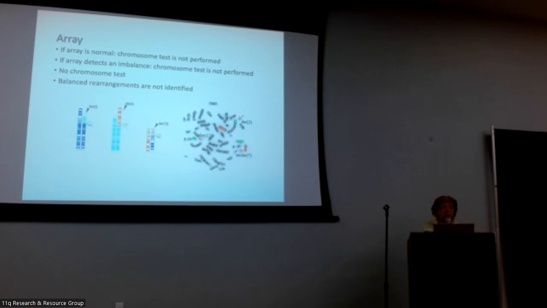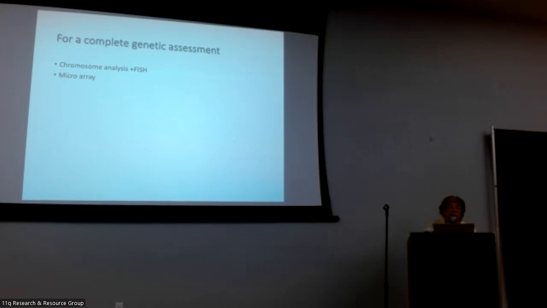However, as you can see, there is a mess because there is a lot of translocation from one chromosome to the other. And the phenotype was abnormal because there was a change in a gene. So for a complete genetic assessment, we need the chromosome analysis with FISH and microarray.